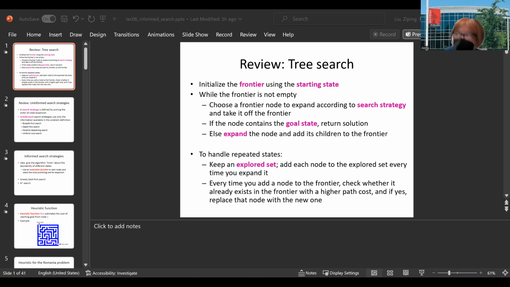If you take a close look at this table, here it says straight line distance to Bucharest. The number marked in that graph is not a straight line.